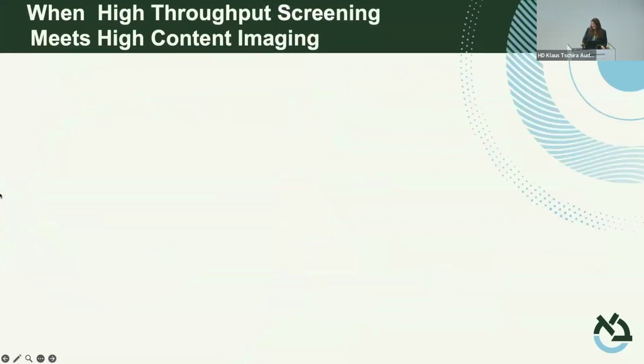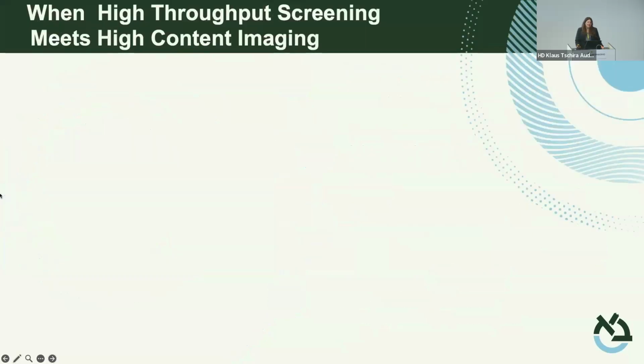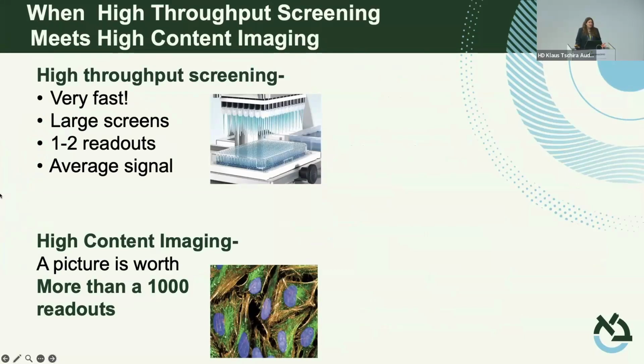Okay. So, what is high content screening? It's actually a combination between 2 classic methods, high throughput screening and high content imaging. High throughput screening is usually some biochemical assay that is done very, very fast on a large number of plates.